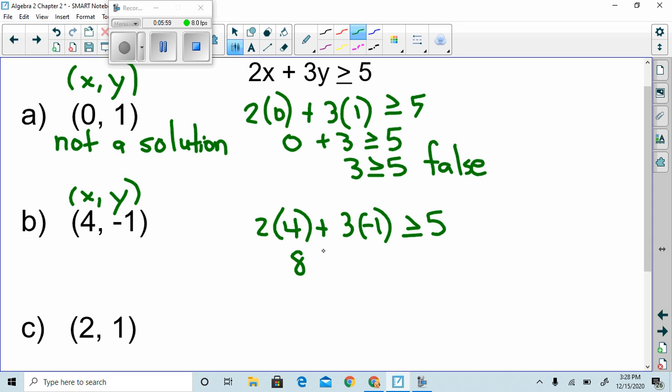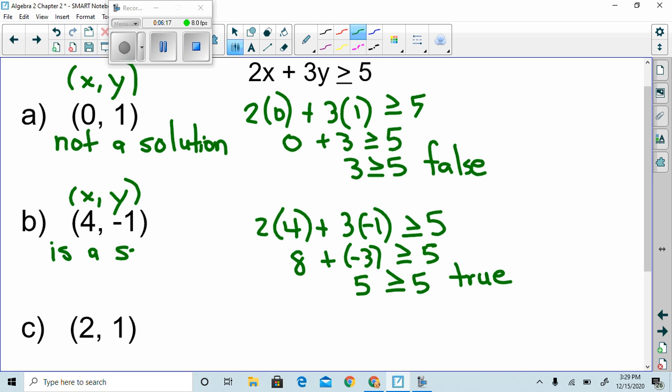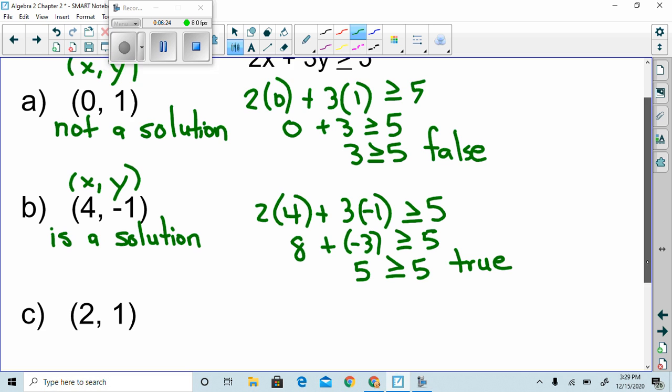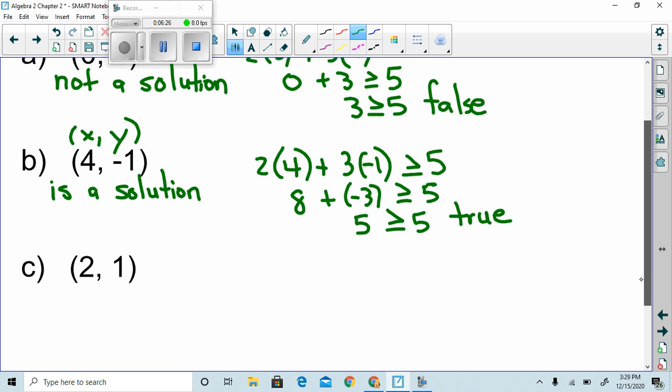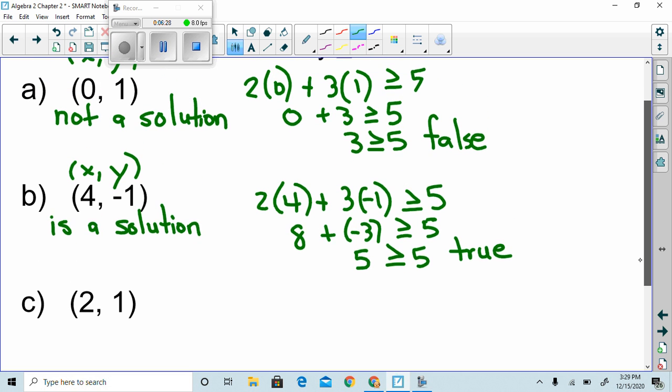Well, I have 8 plus negative 3, and 8 plus negative 3 is 5. Is 5 greater than or equal to 5? That is a true statement because it is equal to. So this is a solution. Remember, when we're dealing with x's and y's, we need an ordered pair as a solution, not just a value of one variable.